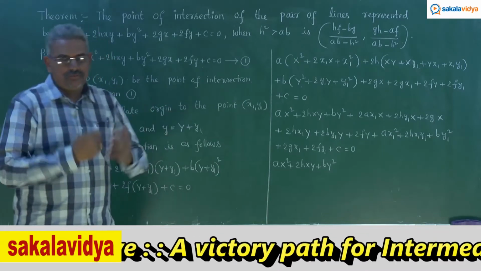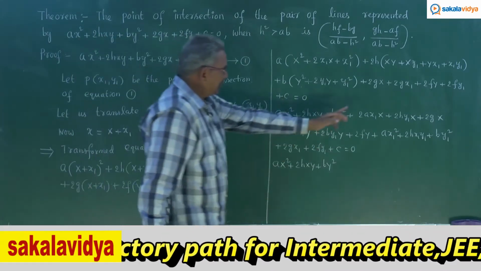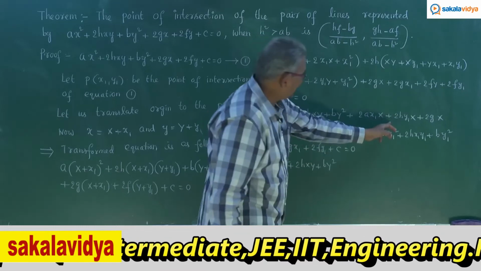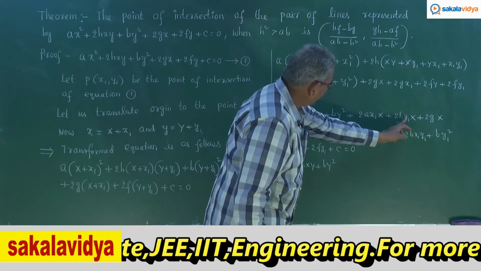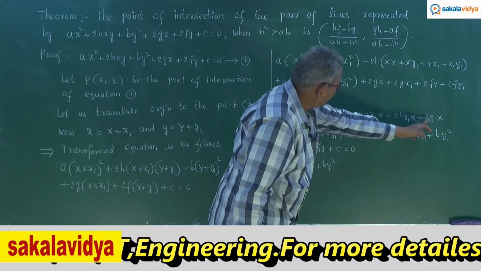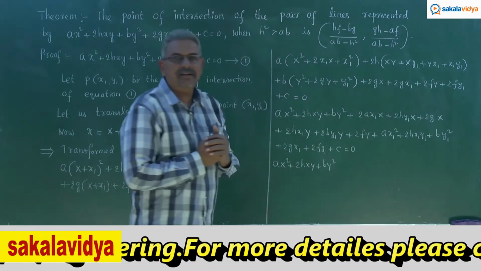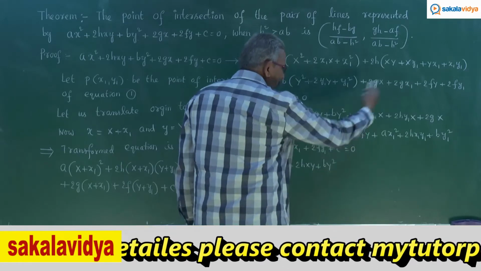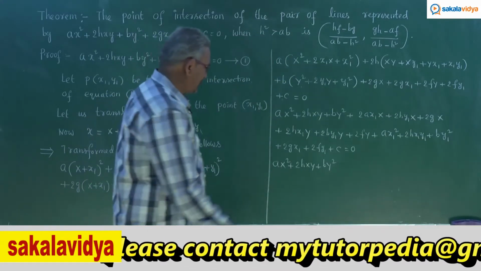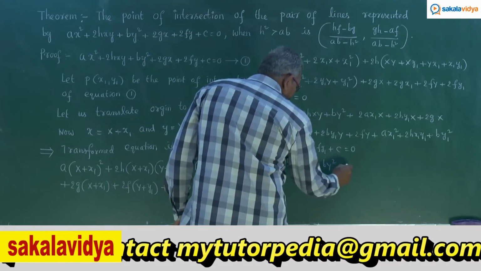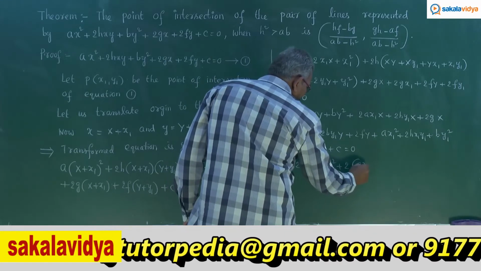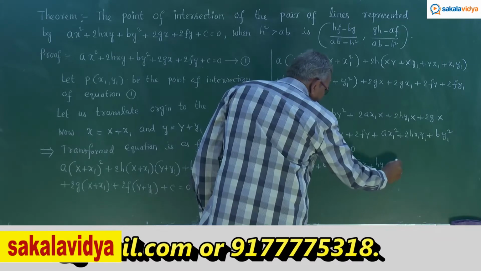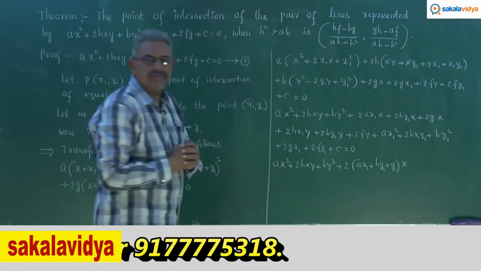Now what shall we do? Here from 2ax1 capital X plus 2h y1 into capital X plus 2g capital X, let us take capital X common. So when you take the 2 capital X common, we have 2 times ax1 plus hy1 plus g of capital X. Let us check it.